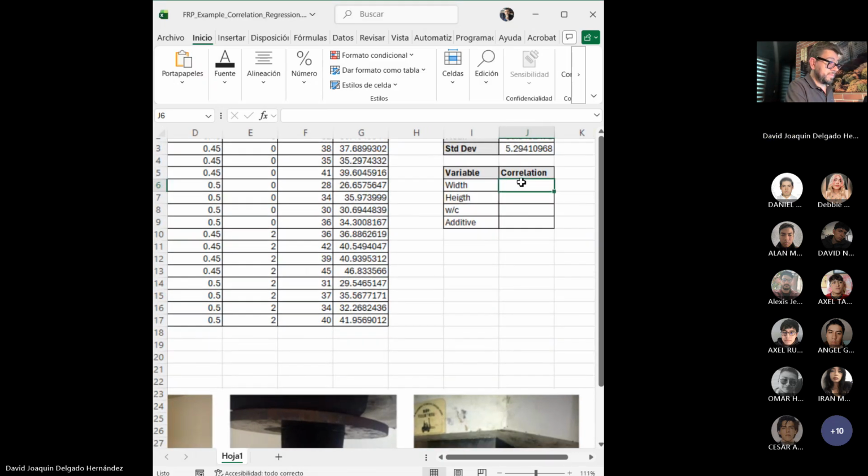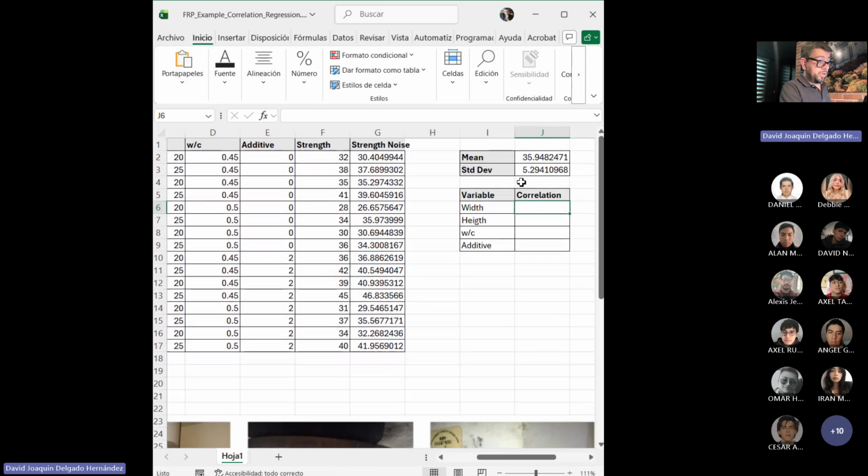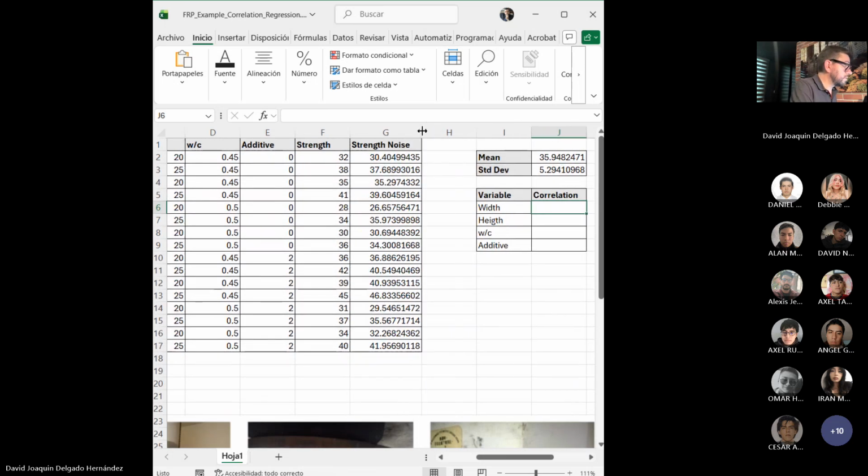So let us estimate the correlation between the 4 variables and the strength noise.